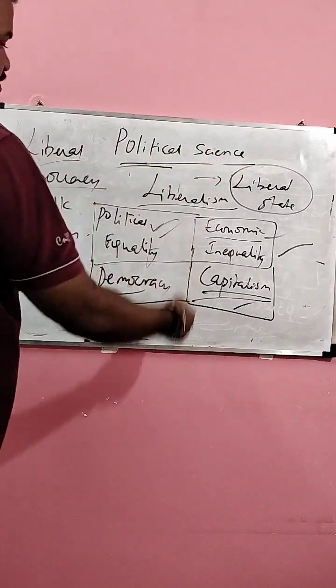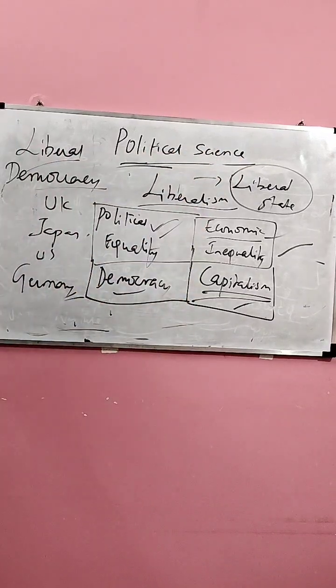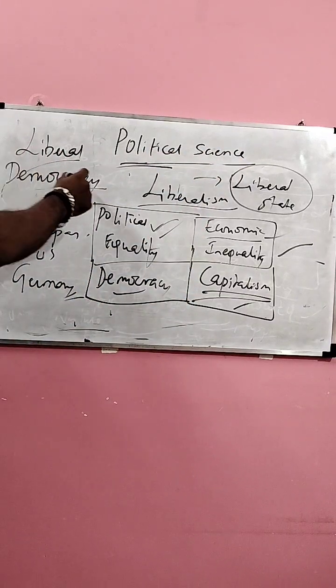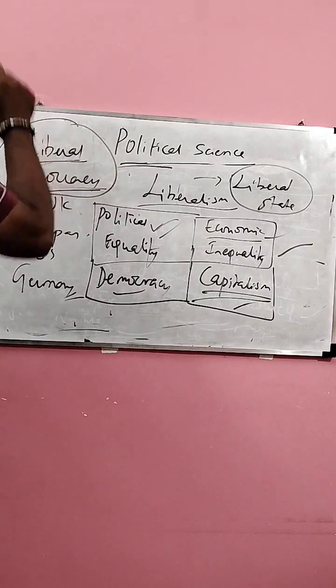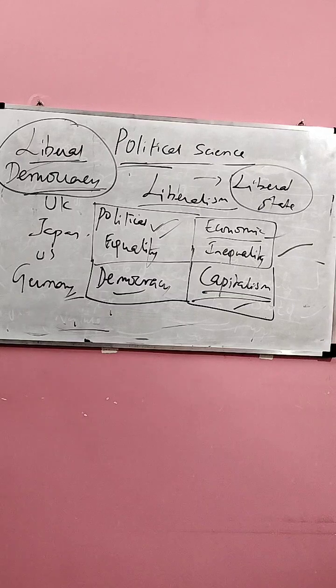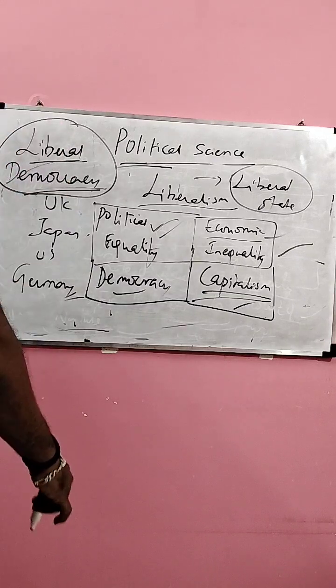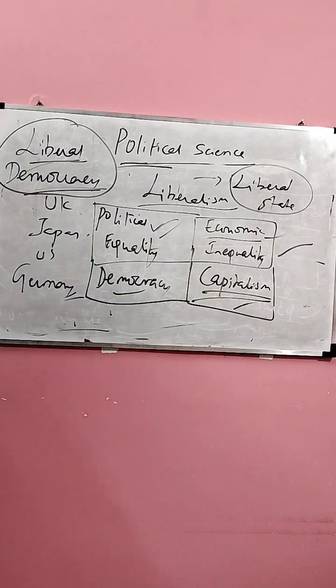Liberal state is an institution. Okay, another associated institution is liberal democracy. Right? So if you are seeing a liberal state, it is actually a liberal democracy, having democracy as well as capitalism. Our country, India, is also a liberal democracy. But you will see many variations in liberal democracies around the world.